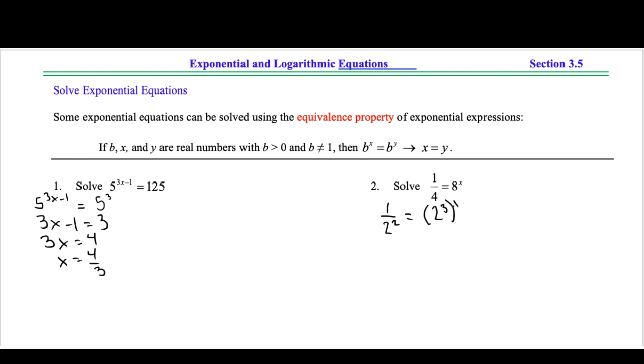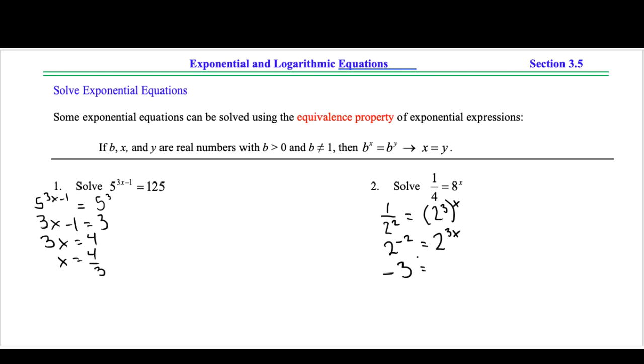So that's 2 cubed raised to the power of x. 1 over 2 squared could also be written as 2 raised to the power of -2. Here you multiply the exponents, so you get 2 raised to the power of 3x. So now I have rewritten the equation so that the base is the same on both sides. Now I can just equate the exponents.